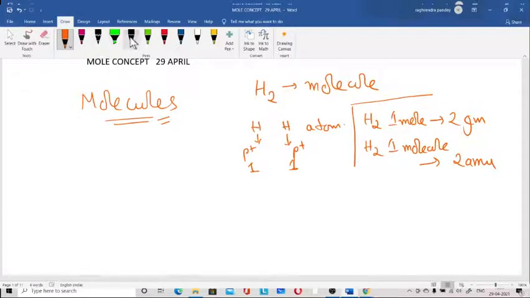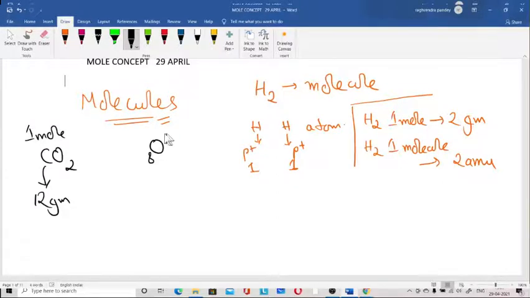Now suppose I take CO2, carbon dioxide. Carbon has weight 12 grams. Let's take 1 mole of it. And O2, oxygen, its atomic number is 8 and the mass number is 16, that I told you yesterday.